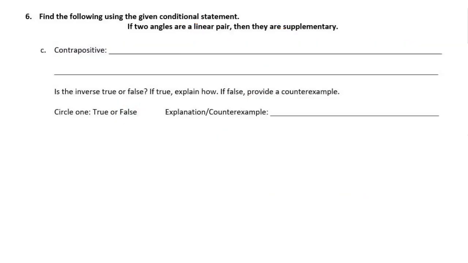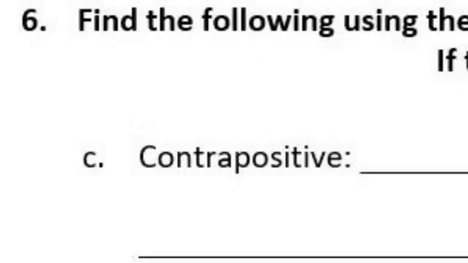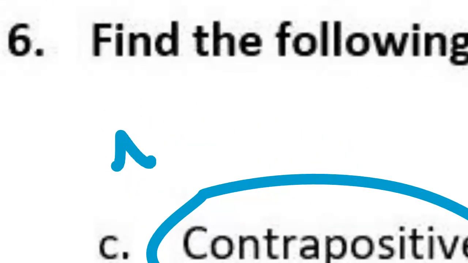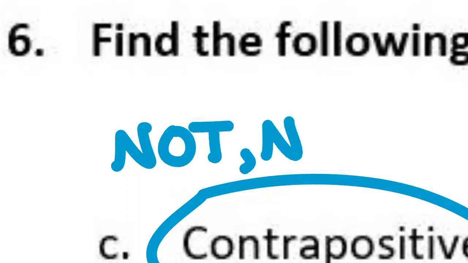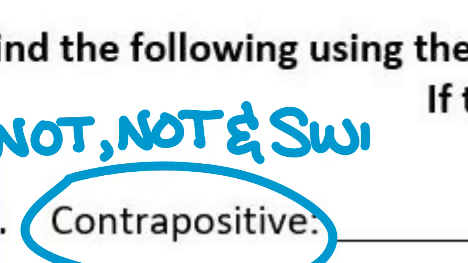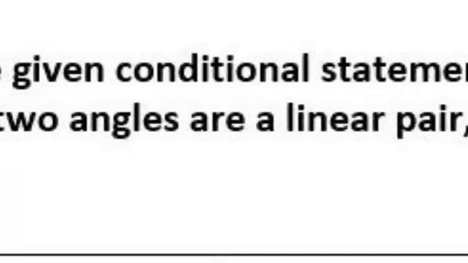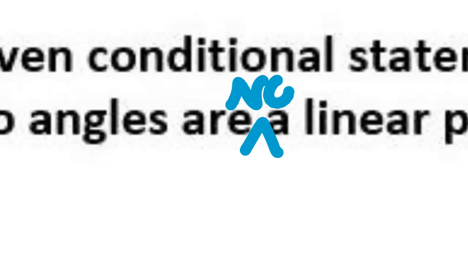All right, we have our last one now, contrapositive. What's the key word or words for contrapositive? Yep, not, switch, or flip, not. So I want the not to come back in here.